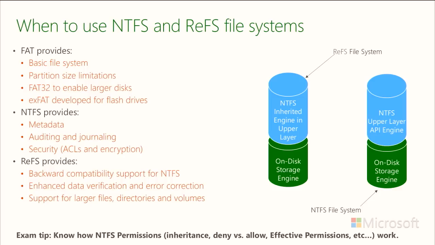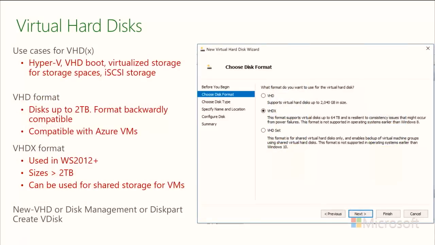The big reason to use ReFS over NTFS, you can see ReFS is backward compatible to NTFS, but because NTFS doesn't have all that error checking and correction, that's where ReFS steps up. And it enhances the features of what NTFS provides. So for the exam, know the difference between what NTFS provides, what FAT32 provides, as well as ReFS.